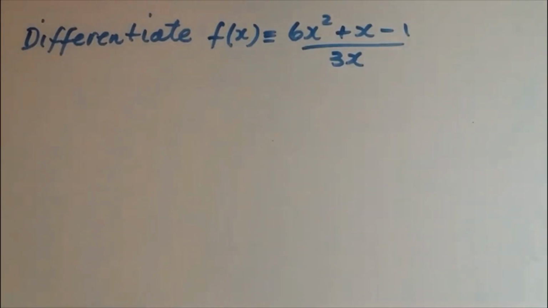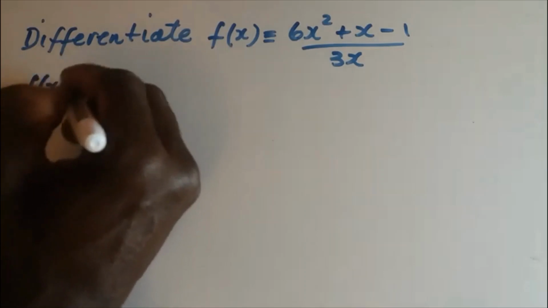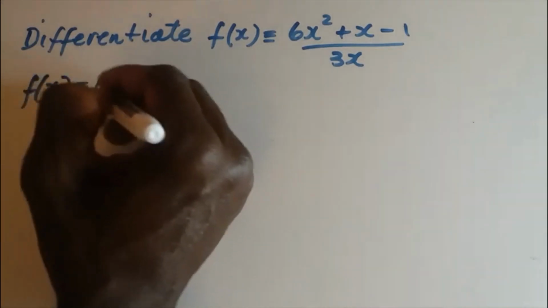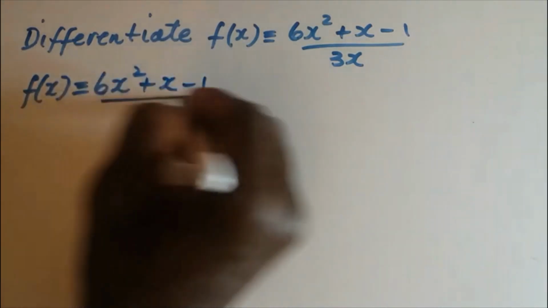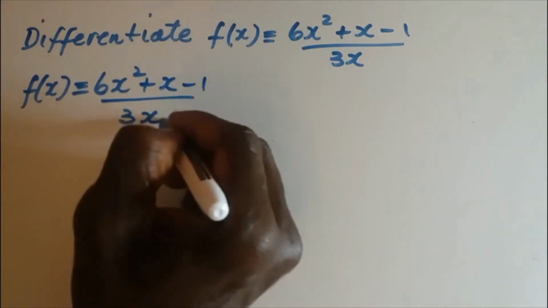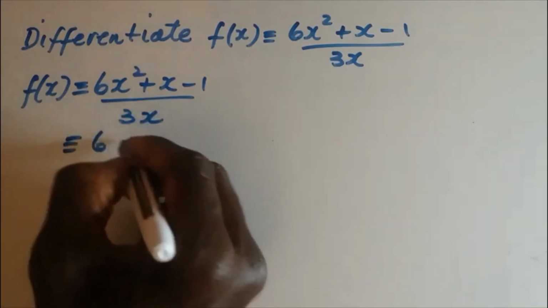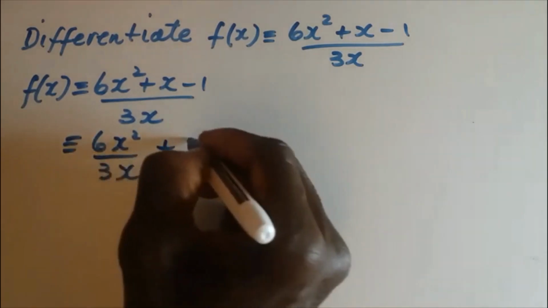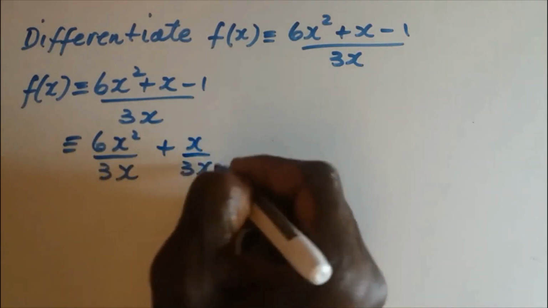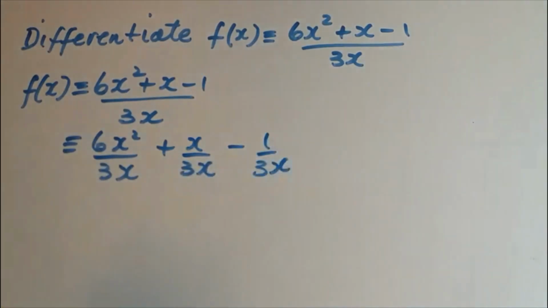Hi, we need to differentiate f of x. So f of x is 6x squared add x minus 1 over 3x, and can be rewritten as 6x squared over 3x add x over 3x minus 1 over 3x.